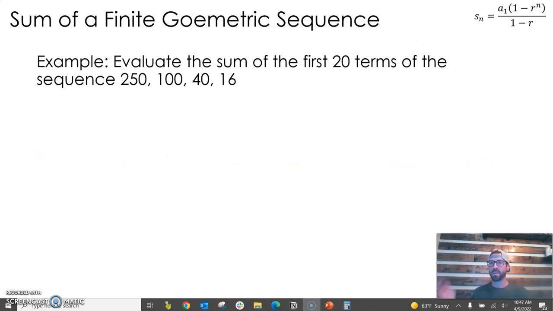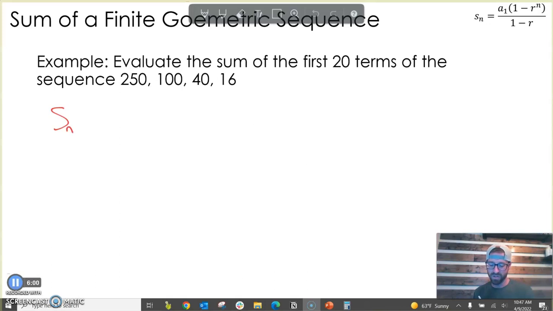Let's work one example problem. I'm going to come back to the example that I listed on the first slide. It says, evaluate the sum of the first 20 terms of this sequence. So what we know is that our relationship's right here. To find our sum, we're going to do our first term times 1 minus r to the n over 1 minus r.